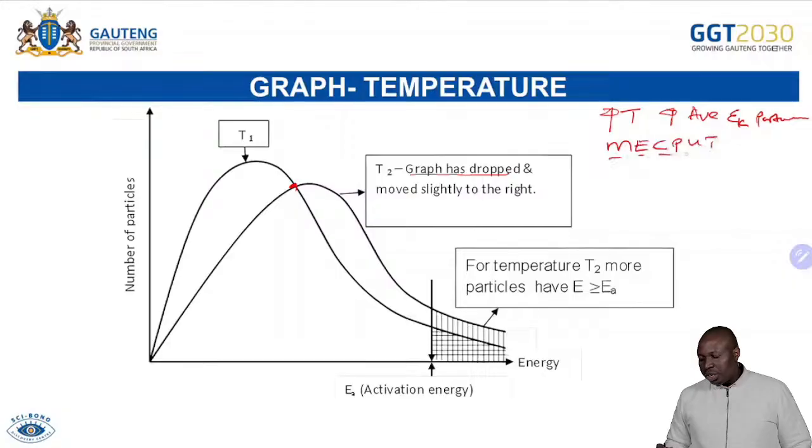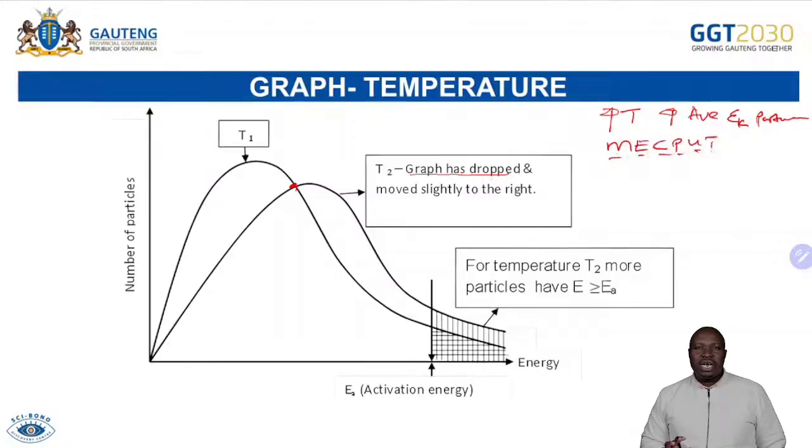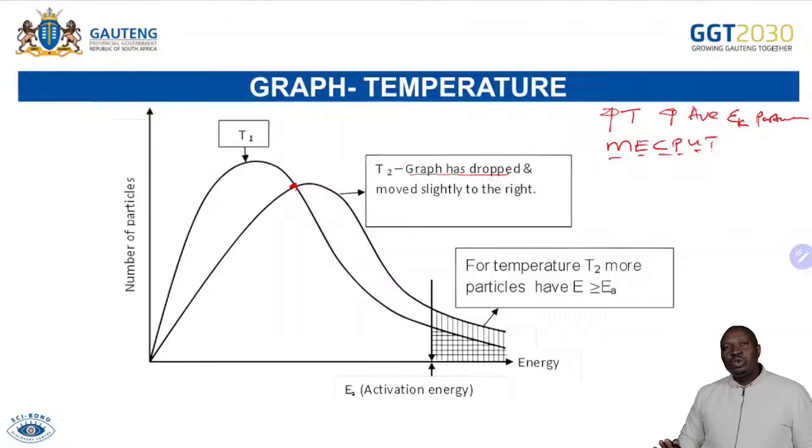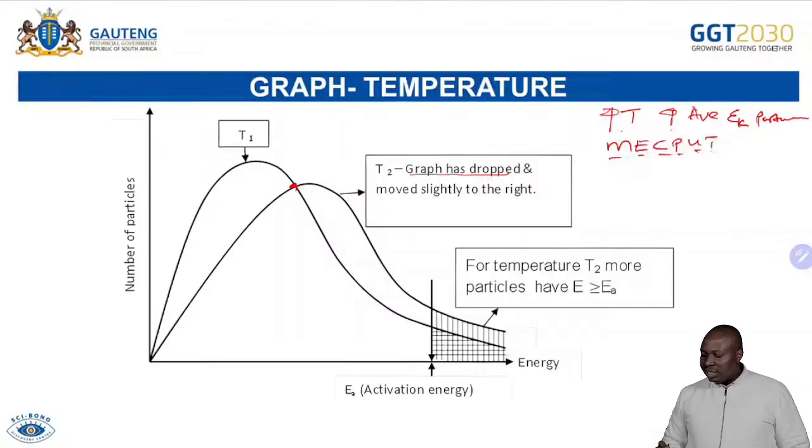You can't write MECPUT. I'm just saying it so that you are able to remember it. The first bullet, we said when we increase temperature, we increase the average kinetic energy of the particles. The second bullet, remember we're using bullets, we're saying more effective collision per unit time in full.